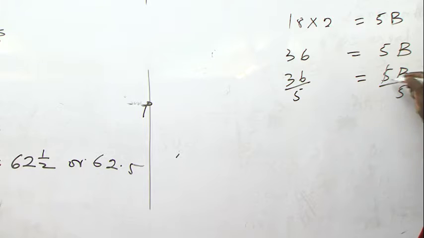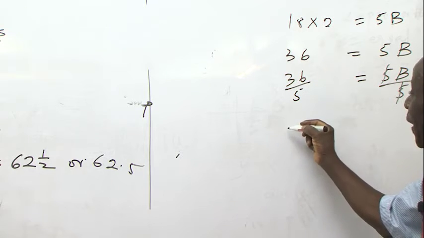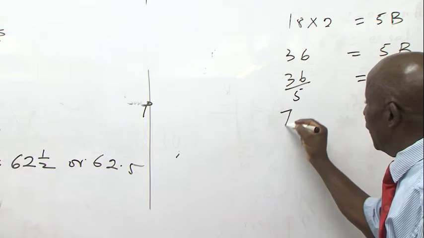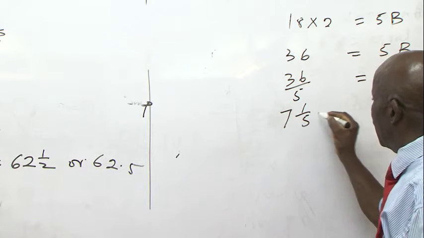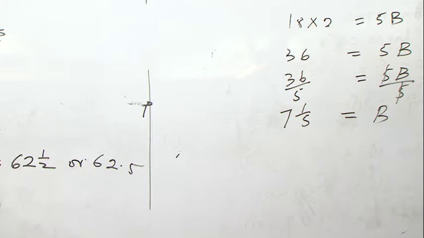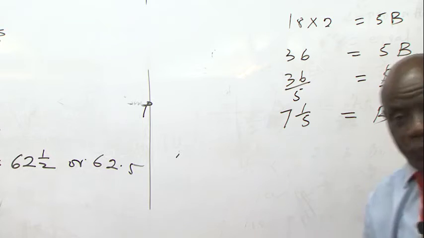You are trying to eliminate 5. 36 over 5, you know it's 7 1 over 5. 7 1 over 5 equals B, and 7 1 over 5 is 7.2.